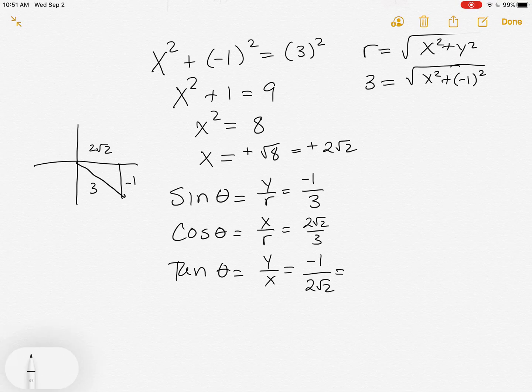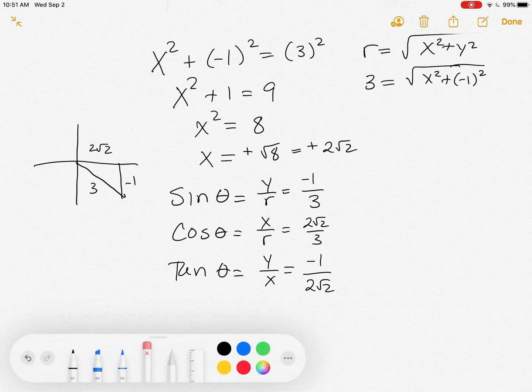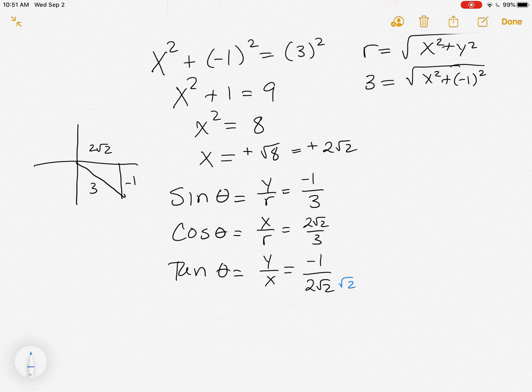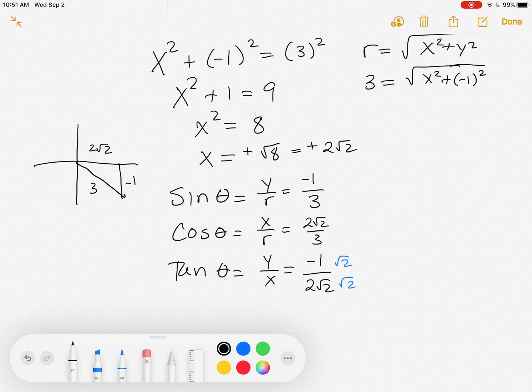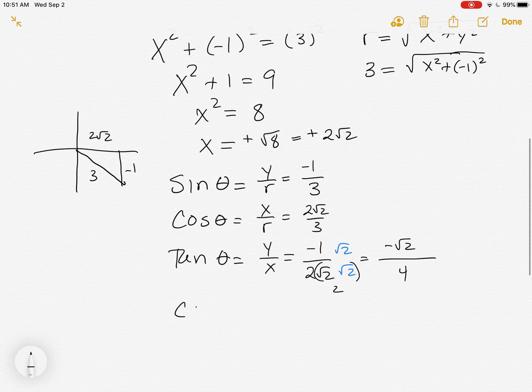So showing every step, this is intermediate algebra, what we're about to do here. I'll do it in a different color. Multiply top and bottom by root 2. They are not going to show this; they're going to assume that you know all your work from the previous class. Root 2 times root 2 is 2. 2 times 2 is 4. And we get a nice -√2 over 4.